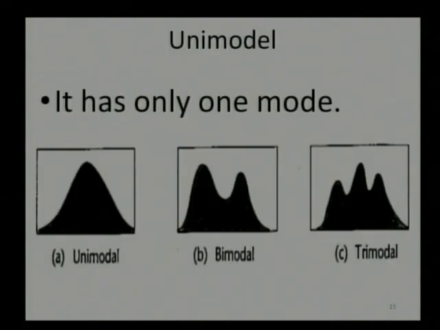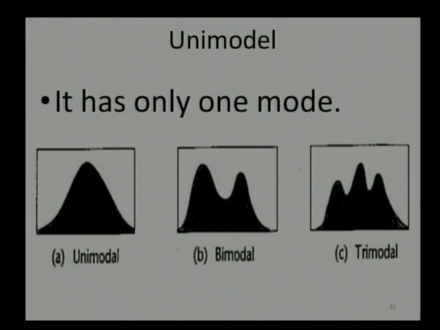Okay, this property is unimodal, which means our distribution has only one mode, as you can see in figure A. In the case of a normal distribution, the curve has only one peak point, that is, only one mode.